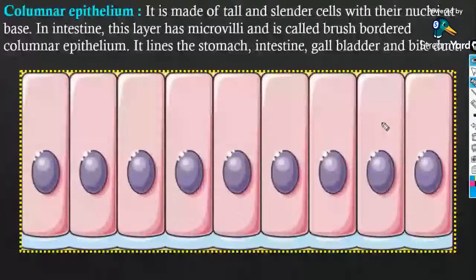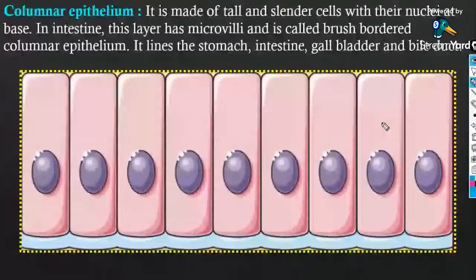Guys, have you studied about this in your 9th or 8th or 10th or wherever? In 10th, there is nothing about these tissues. Have you studied anything about this in your 9th or 8th, whatever board, CBSE, state, or ICSE students? ICSE students have studied this in their class 9th, class 6th, everywhere.